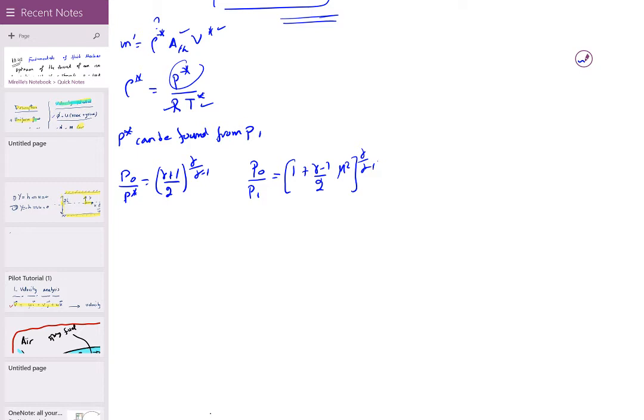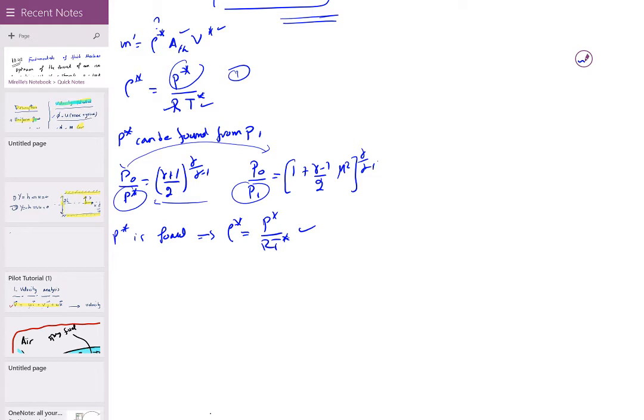So for me to get from P1 to P critical, I must find P naught, which is common in both. So this is the first way. The second way, once I find P critical from here, I can plug it in the equation, and I find my critical density.